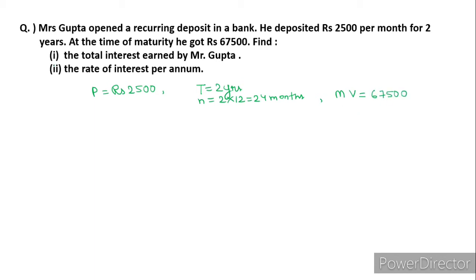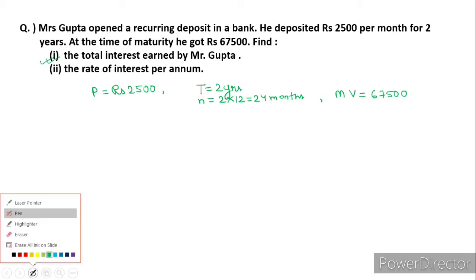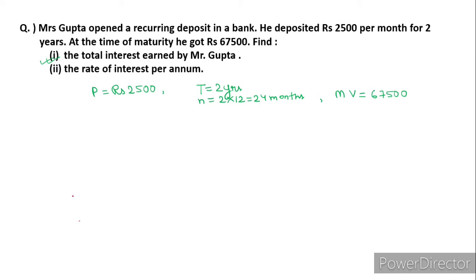Now we have to find the total interest earned by Mrs. Gupta. So there are just two formulas that we have to learn. First is I is equal to P into N plus 1 by 2 into 12 into R by 100. Second formula was maturity value is equal to P into N plus I. Now see what is given.